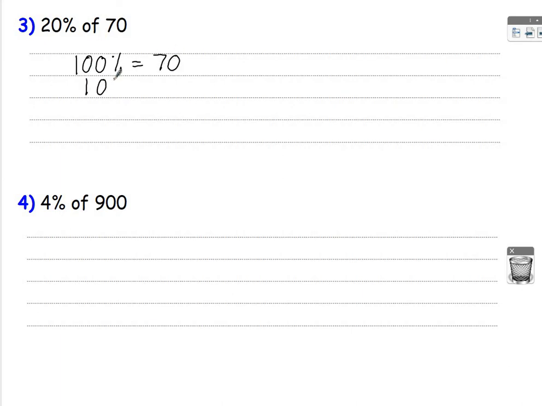I'm going to work out 10% by dividing by 10. So that'll be 7. 10% is 7, so 20%, how do I get from 10% to 20%? I times by 2. Times this by 2, so that will give you 14, so your answer is 14.